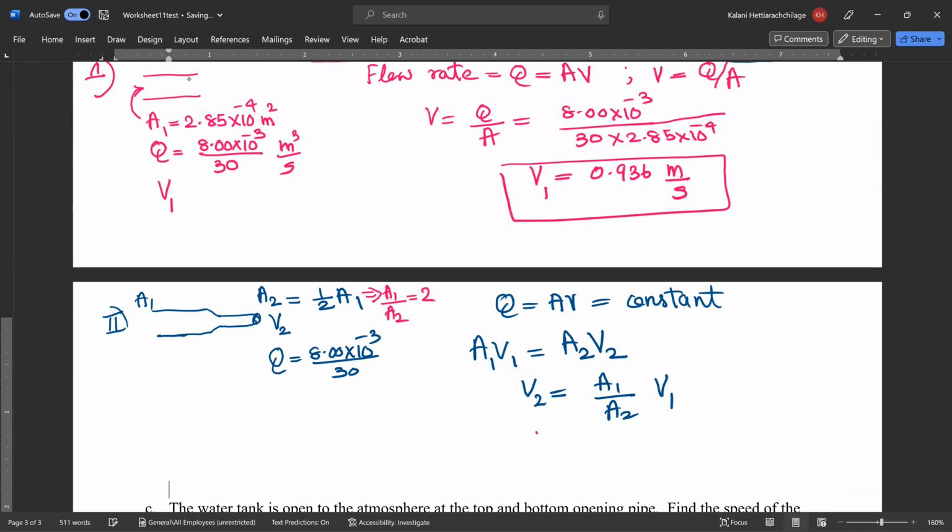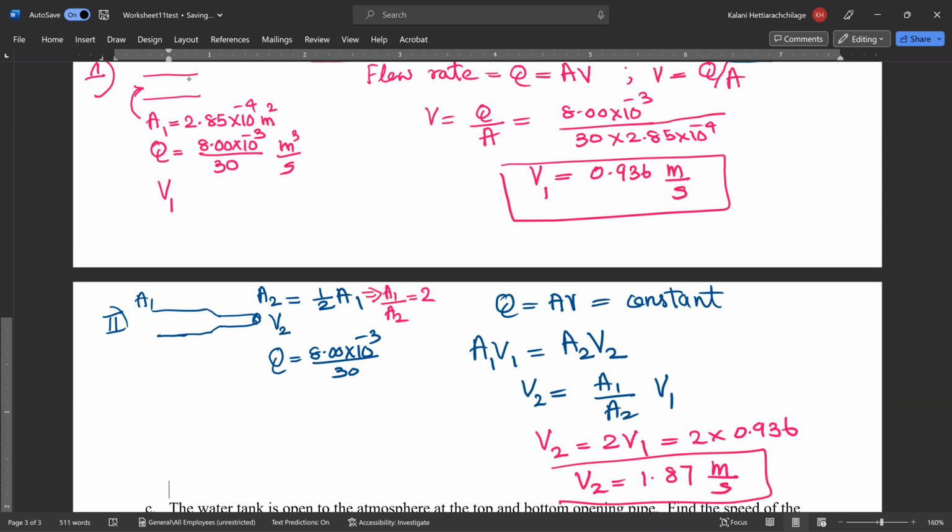So V2 will be twice V1. Plugging that in, 2 times 0.936 gives around 1.87 meters per second.